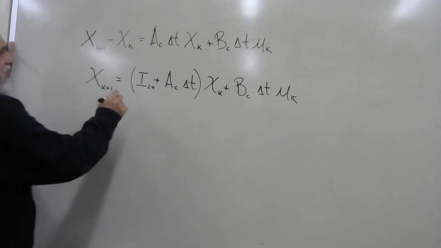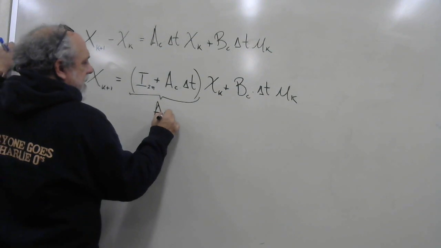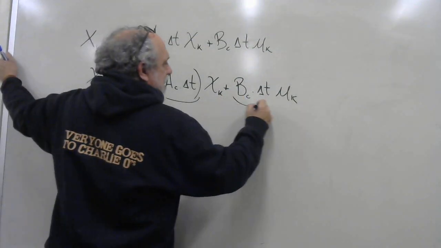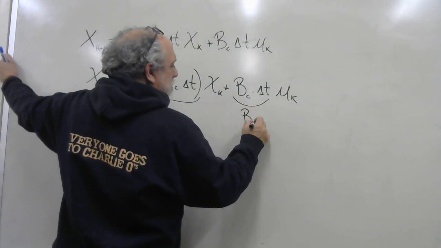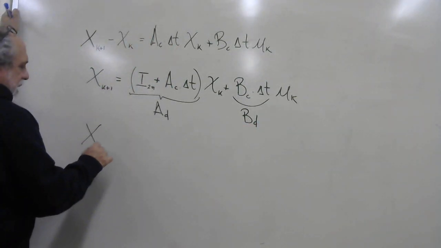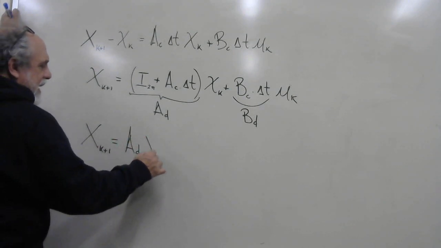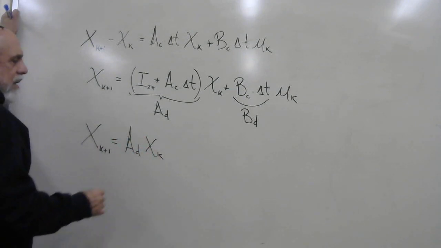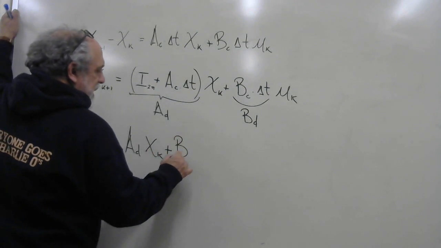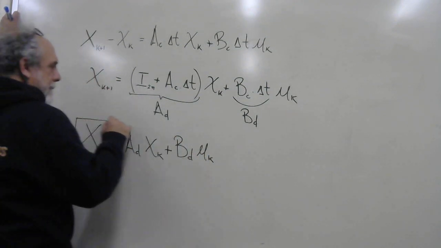Then we give this the name AD, and we give this the name BD, and we get that x at k plus 1 is equal to AD times x at k plus BD times u at k, right?